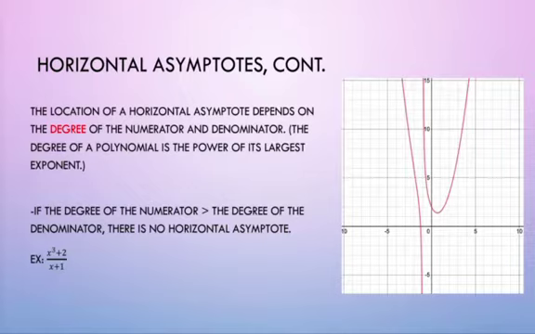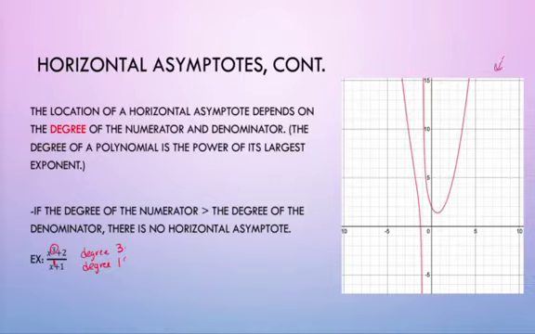So, x cubed plus 2 over x plus 1. The numerator has a degree of 3. The denominator has a degree of 1. If there's no power shown, it's a degree of 1. Degree of the numerator is bigger than the degree of the denominator, no horizontal asymptote.